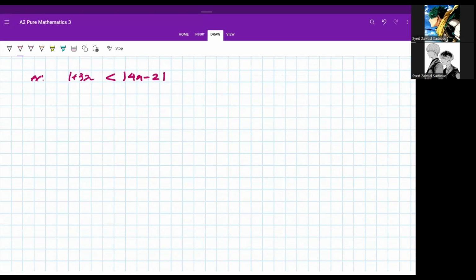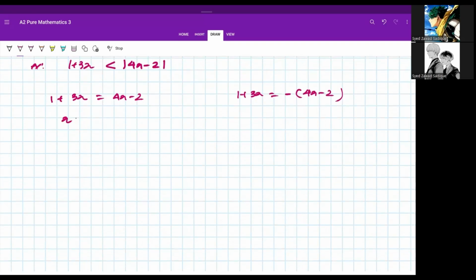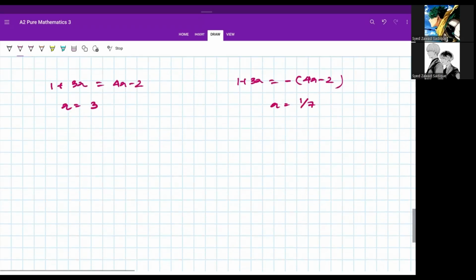Now find the critical values. 1 plus 3x is equal to 4x minus 2, and 1 plus 3x is equal to minus 4x minus 2. You will solve to find that x is equal to 3, and you'll also find that x is equal to 1 by 7.